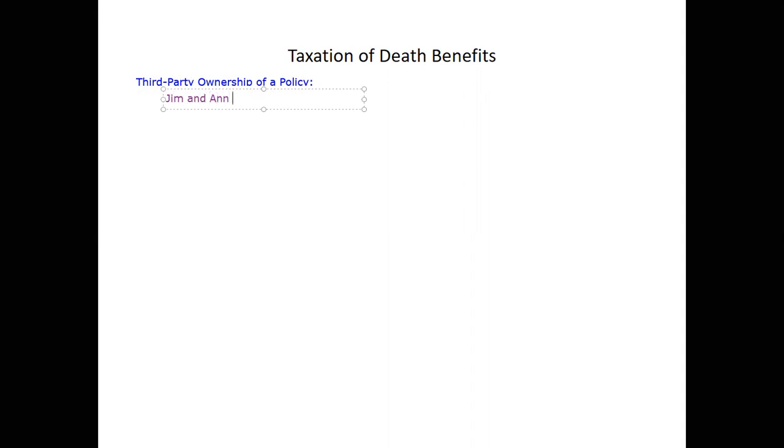Good. Jim and Ann are partners in a business, okay? And it's a partnership, no corporation, for whatever reason. Maybe they didn't want to incorporate, maybe they couldn't incorporate. Jim owns, let's say, maybe they're both a little bit older, and they bought permanent insurance for whatever reason.